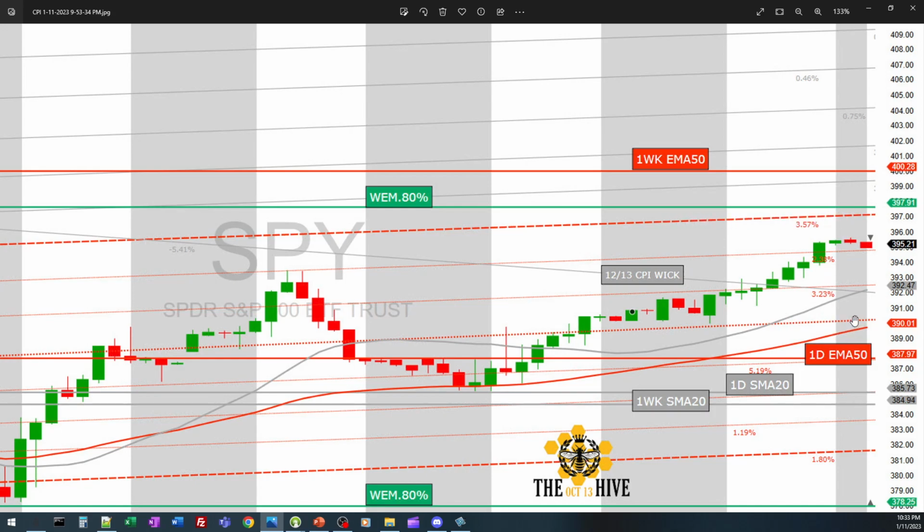But this dotted dash line is the original channel top. That's a significant line, right? If it has to come down, it could find support there, or here, or on the 1 day EMA. So keep all this stuff plotted out ahead of time before opening bell.